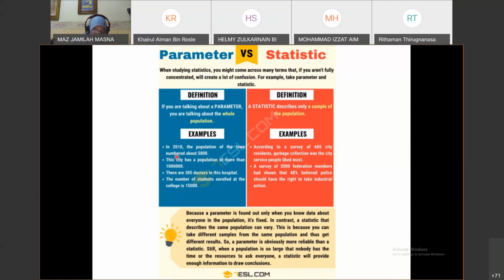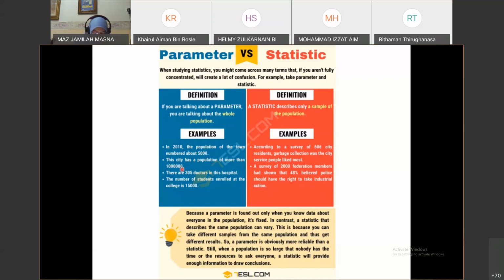So here you can clearly see the population mentioned in the example. So your 5,000 is actually what? Small n or capital N? Capital N. The same goes for the city that has a population of more than 1 million. So this is your capital N.